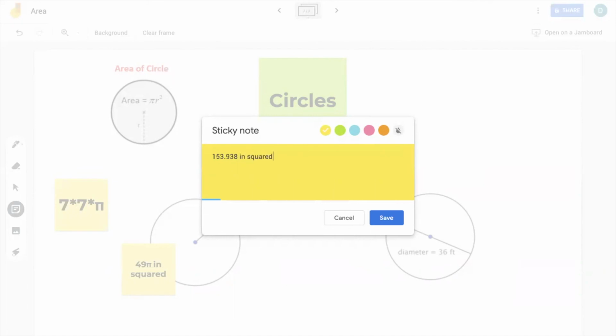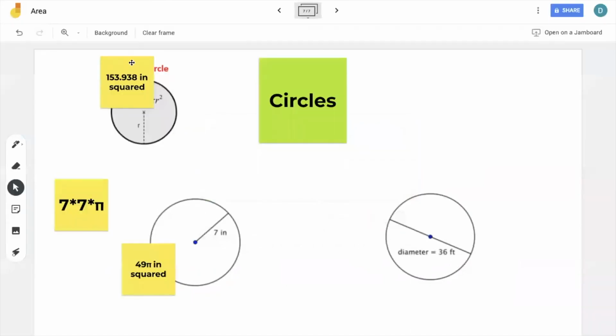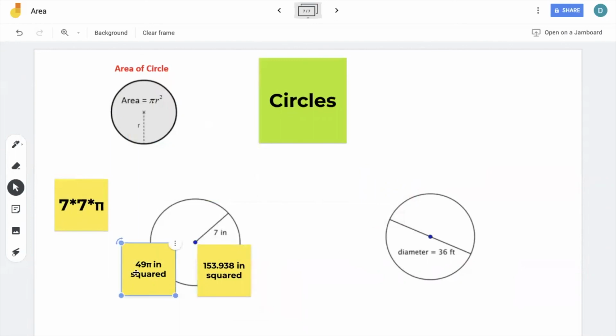If it's 2 or 1 or none even, either way. So these 2 answers both work. Well, 49 pi is more precise, 153 and all the rest is more of an approximation. But both work.